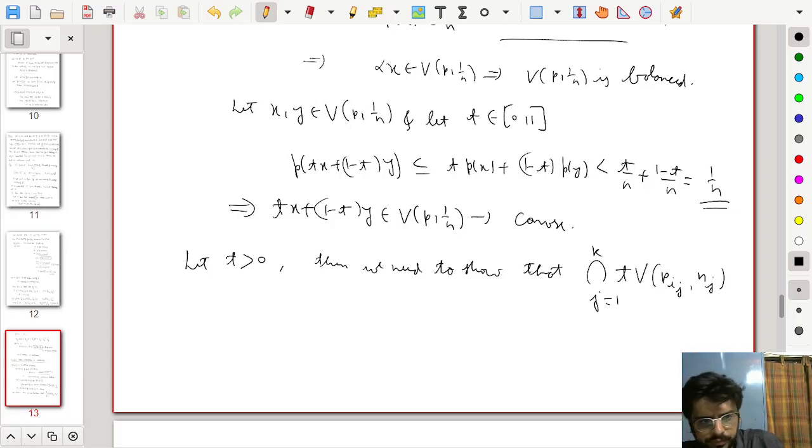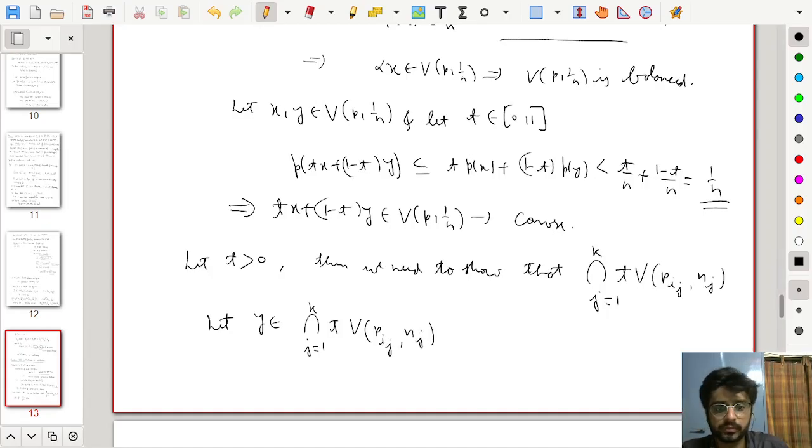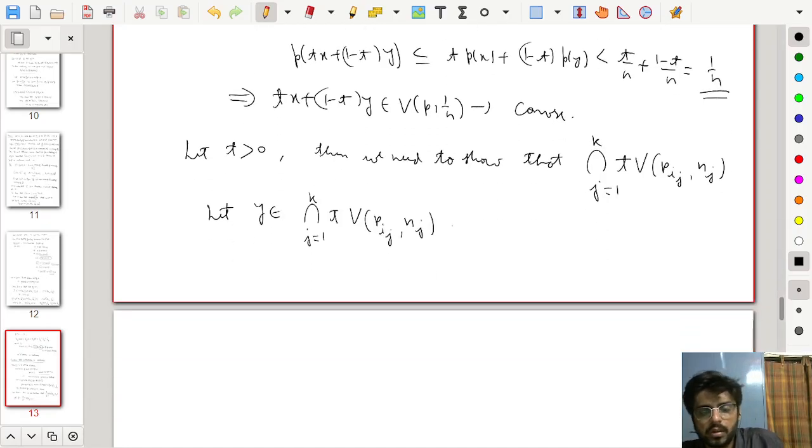So let y belong to the intersection over j from 1 to k of t times V_{p_{i_j}, n_j}.